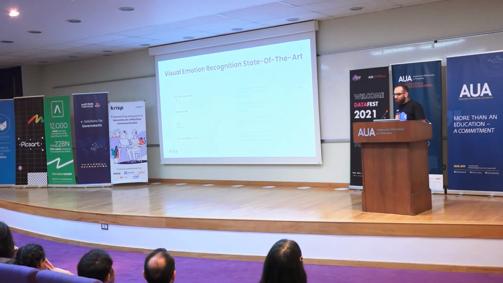So more or less the accuracy for the aforementioned 7 emotions is around 65%, and most of them use convolutional neural networks like ResNets, EfficientNet, and so on.